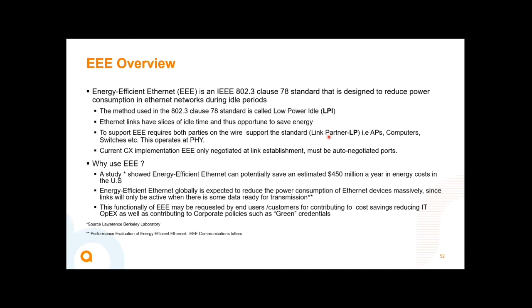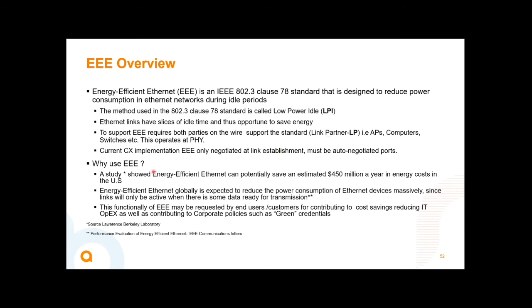So switches, access points, computers, cameras, anything that supports energy efficient Ethernet, we can take advantage of cycles. Now, it's quite important to understand that you're not only saving energy in the switch when it powers down part of its circuitry, you're also saving energy in the endpoint as well. So you're sort of getting two for the price of one effectively.